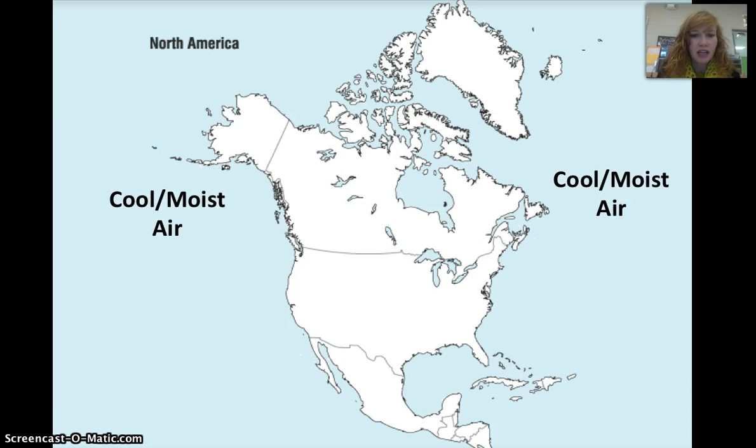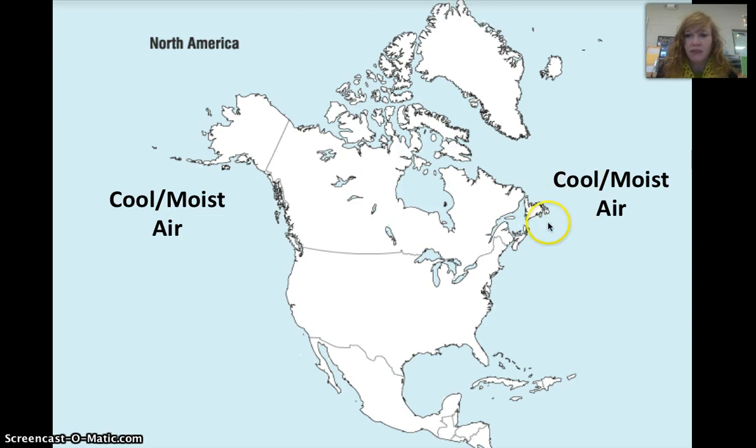So you know that this area up here off the coast of Canada and a little below Alaska, that's a cooler air, okay? It's a cool area because it's far from the equator. Its latitude is much higher, and so that's going to be a cool area, okay? And because it's over the ocean, it's going to have a lot of moisture, because any air that's over the ocean is going to have a lot of water vapor in it because it's evaporating.